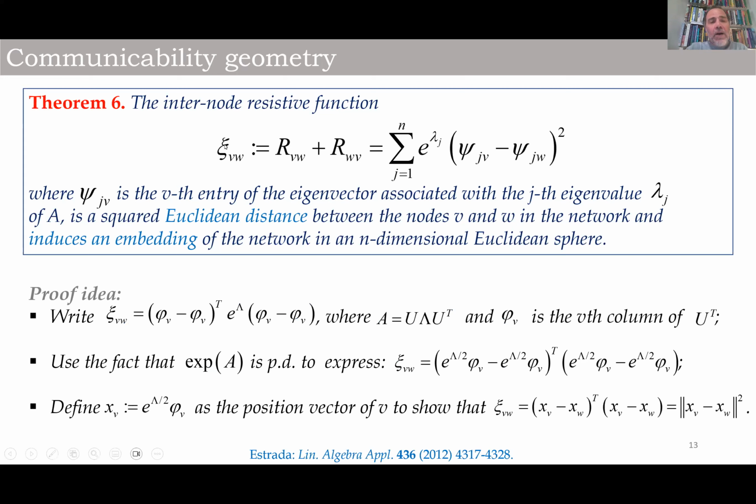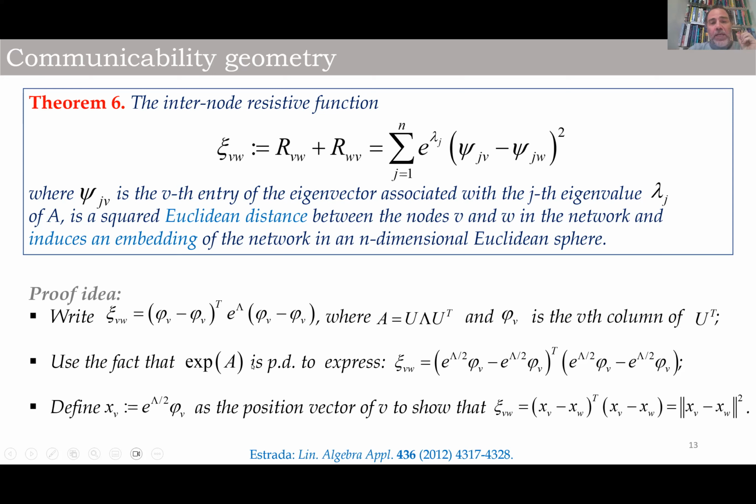You simply write down this function in terms of the rows of the matrix of eigenvectors of the adjacency matrix and the exponential of the diagonal matrix of the eigenvalues of the adjacency matrix. See here that these are not the proper eigenvectors. They are the columns of the transpose of the eigenvectors. So they correspond to a node and contain information about all the eigenvectors.